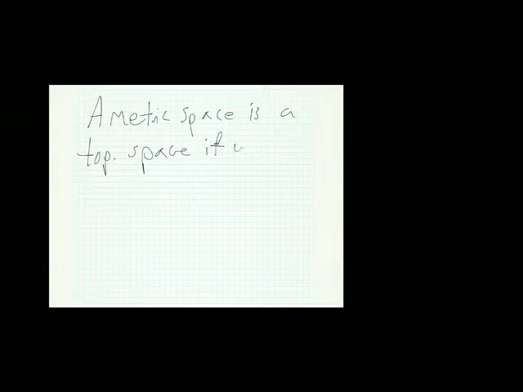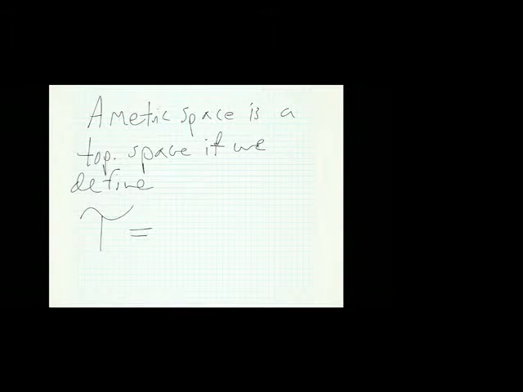And a metric space becomes a topological space. So a metric space is a topological space, as we've been studying, if we define, so what do you have to define to have a topological space? You have to define the topology, which means you have to define the collection of sets that you call open sets. So in fact, we can use an idea that we saw earlier, the idea of the topology generated by a basis.